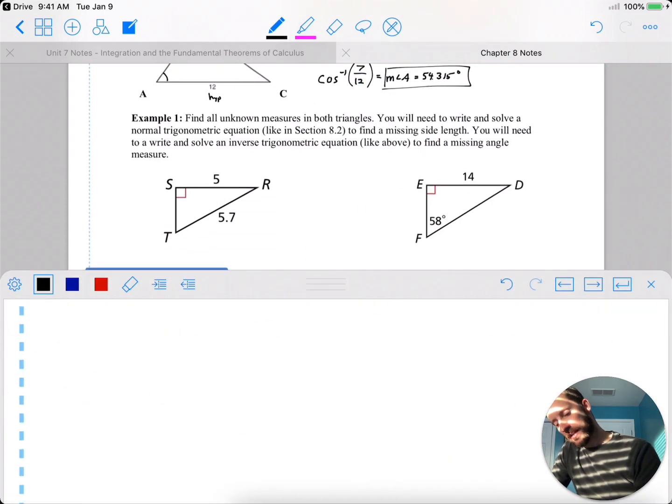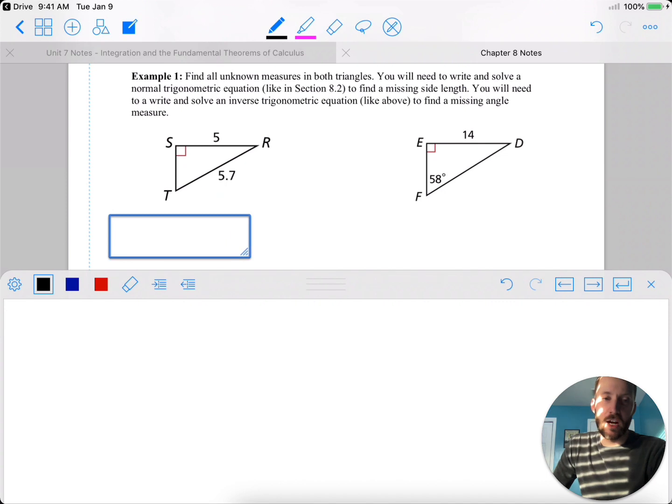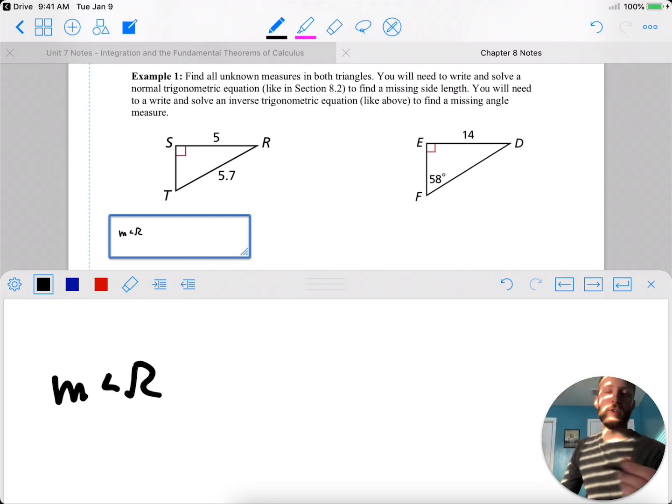So let's find the measure of angle R first. In relation to R, you have the 5, which is adjacent, and the 5.7, which is the hypotenuse.